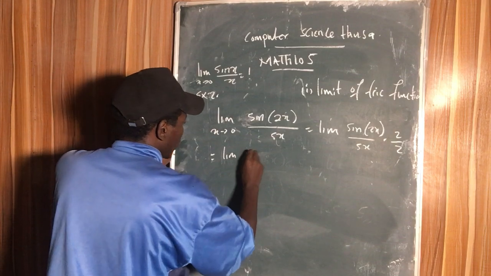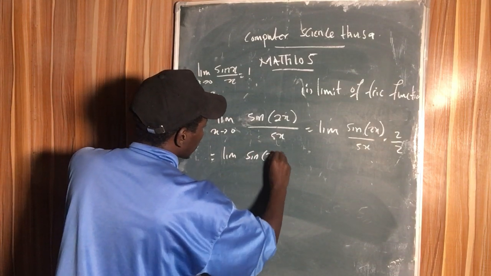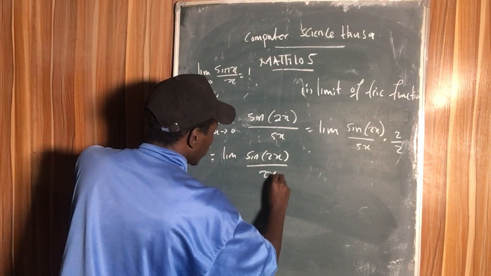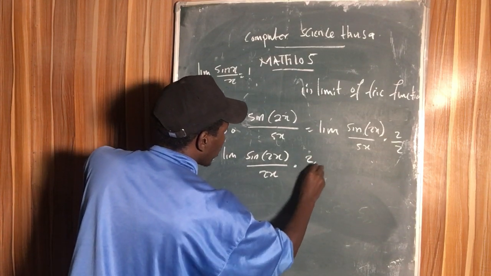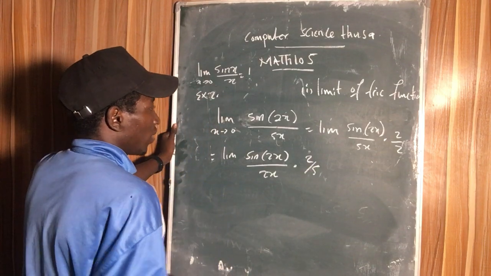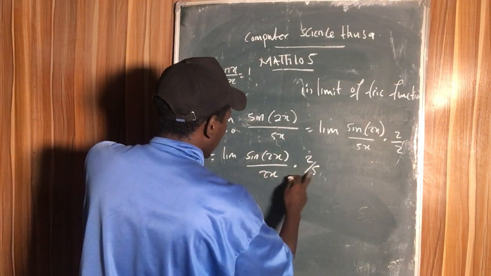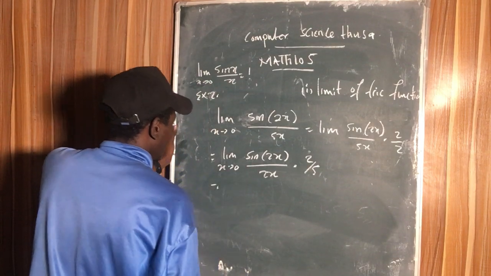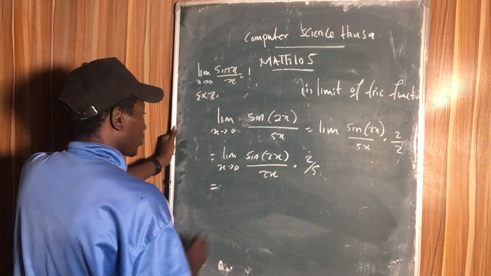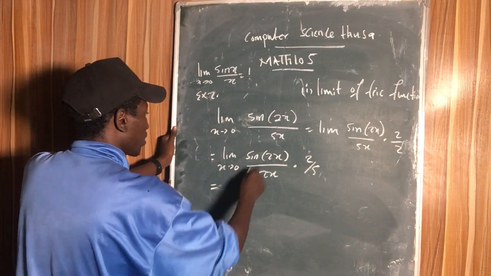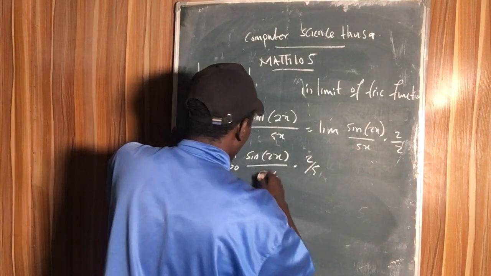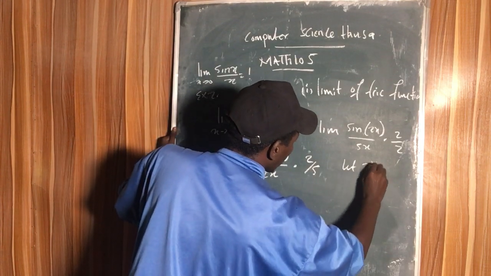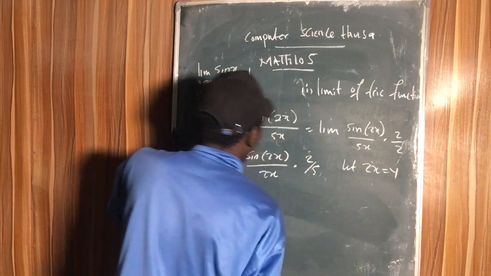So we have sine 2x all over, in this case 2x times 2 all over 5, right? Times 2 over 5. So 2 times 5 is 10, 5 times 2 is 10. As x tends to 0, this is going to be equal to sine 2x. Then let 2x equal y.